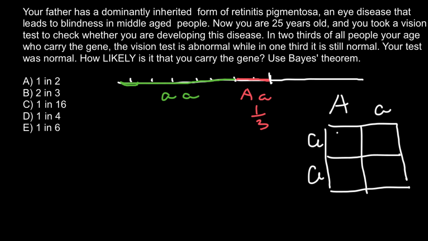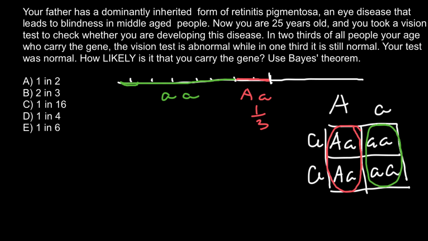And as you see, the probability for this couple to have affected children would be 1/2. So these children would be affected, and these children would be phenotypically and genotypically normal.